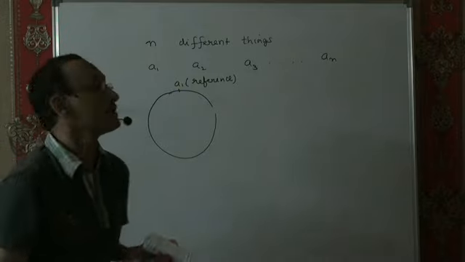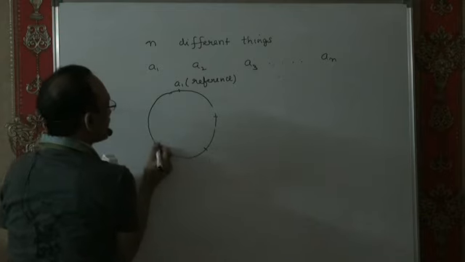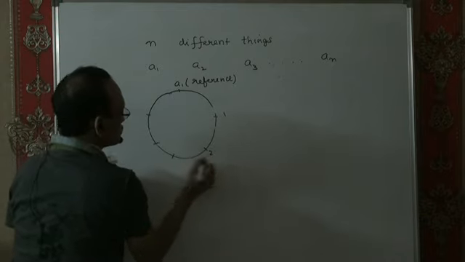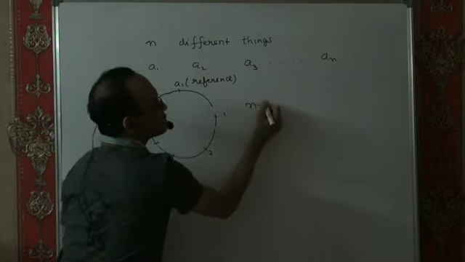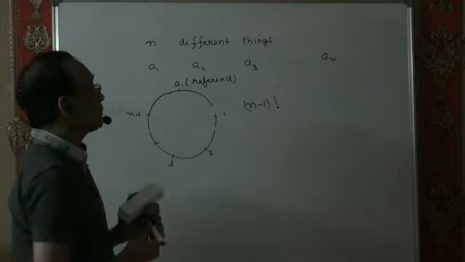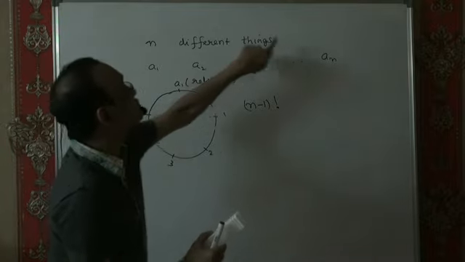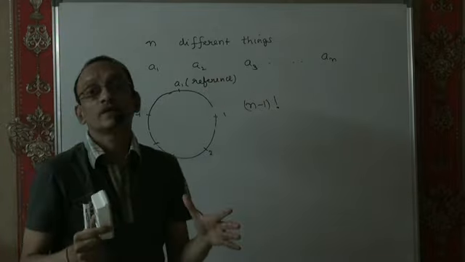And if one of them is a reference point, then the remaining n minus 1 things can be placed in the remaining n minus 1 spaces, given this reference point, in n minus 1 factorial ways. Right? Which means if there are n different things to be arranged in a circle, then there are n minus 1 factorial ways of doing that.